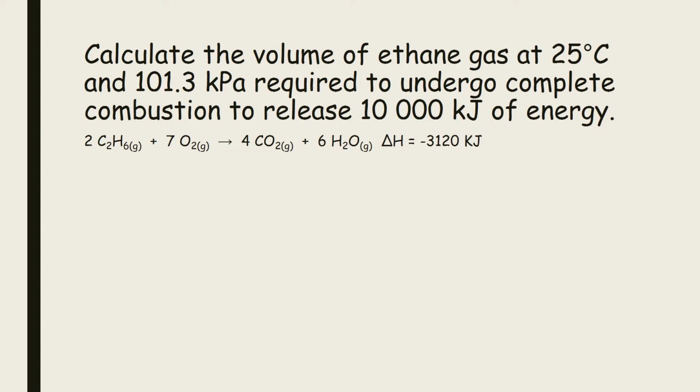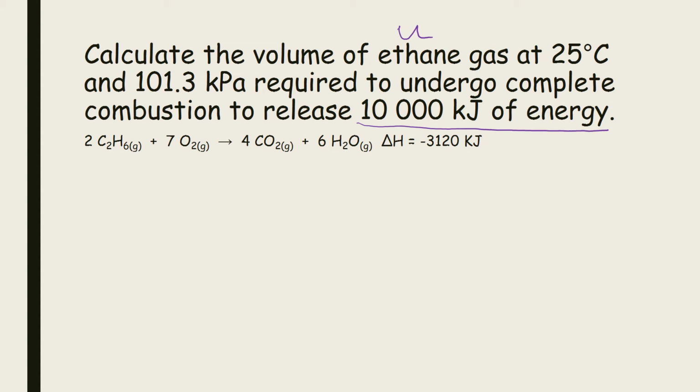This time we're going to try another problem. We're going to calculate the volume of ethane gas. So this is our unknown at 25 degrees Celsius and 101.3 kilopascals, required to undergo complete combustion to release 10,000 kilojoules of energy.